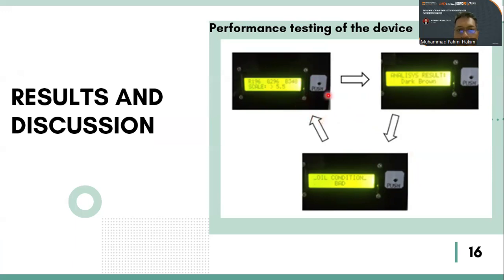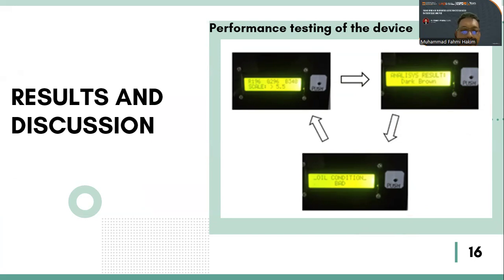And then if we push this button, there is a transformer oil condition analysis result according to SIGRI 761 2019. And then if we push the push button here again, the LCD shows the oil degradation level here. So we can conclude that the system can work well.